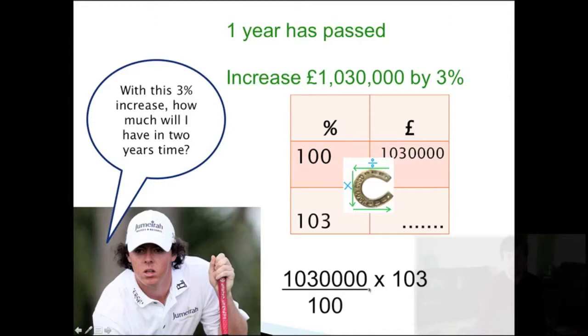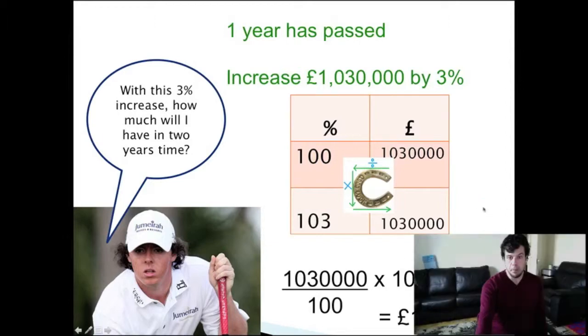You can press equals after this calculation and then times 103, or in this example it would work if you do it as one full step. With your equals button, you've now got £1,060,900, a £60,900 increase from when he originally invested his 1 million 2 years ago.